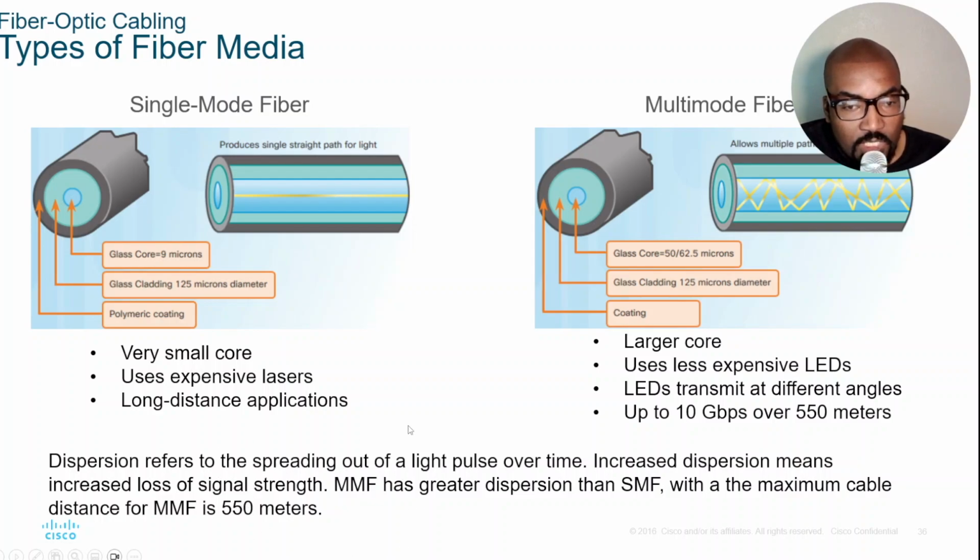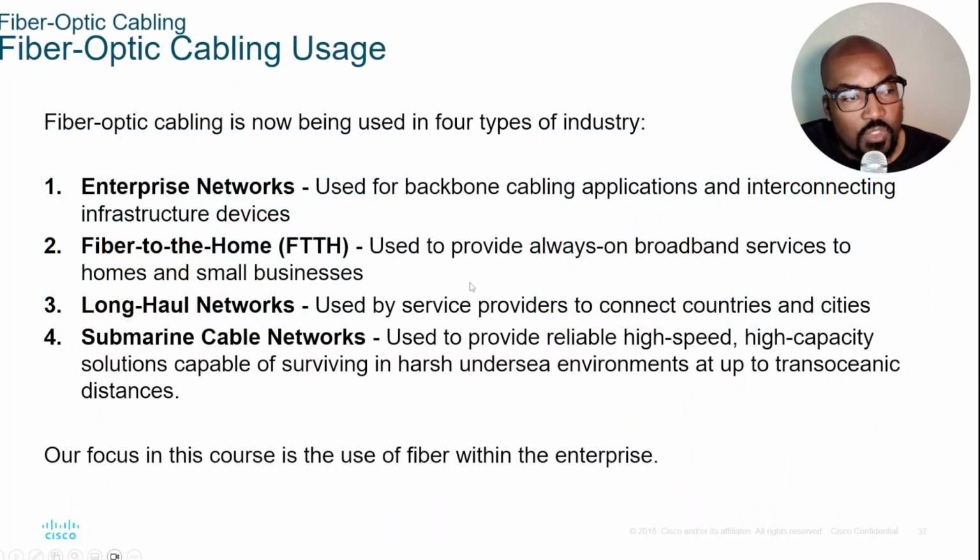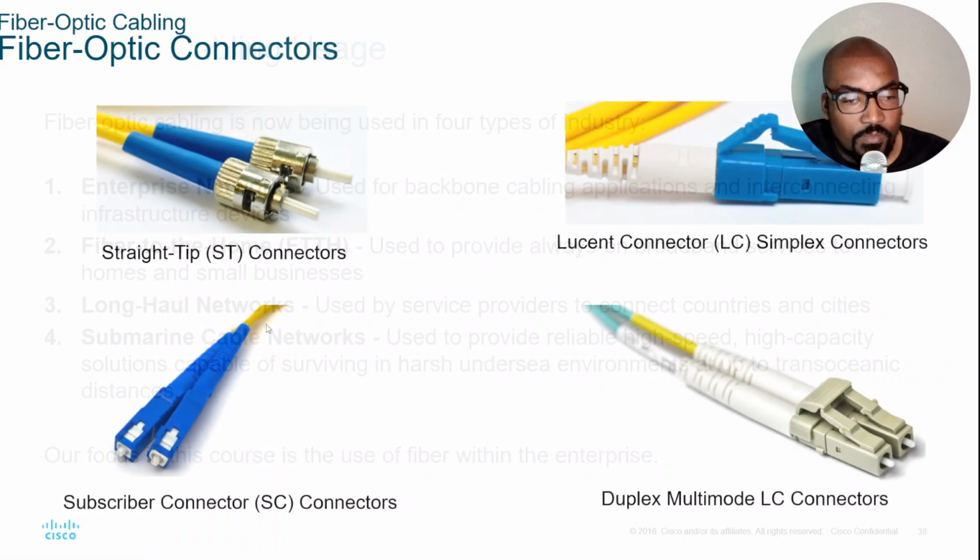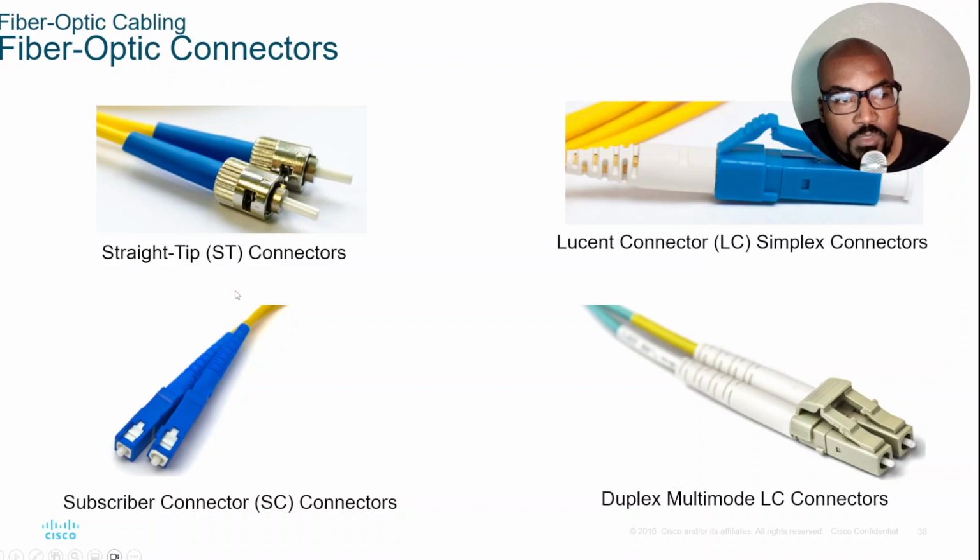You will see some scenarios that deal with these ideas, with these meters and how fast and how far these cables can transmit, and things of that nature. Fiber optic cabling is now being used in four types of industry: enterprise networks, fiber to the home, long haul networks, and submarine cable networks.